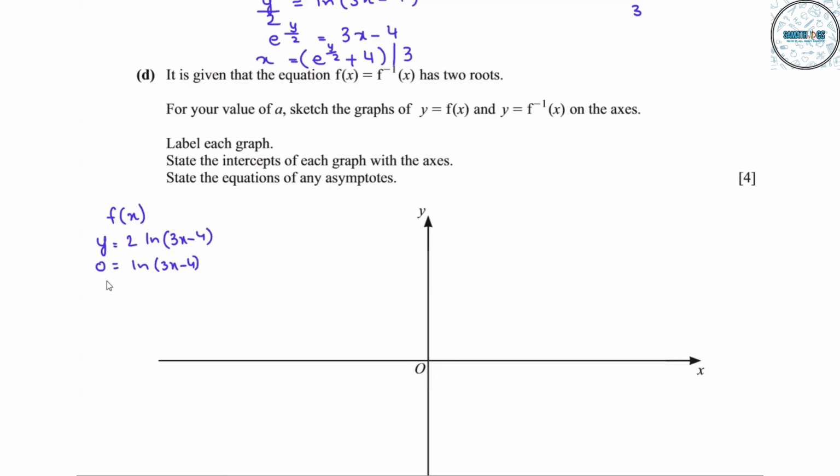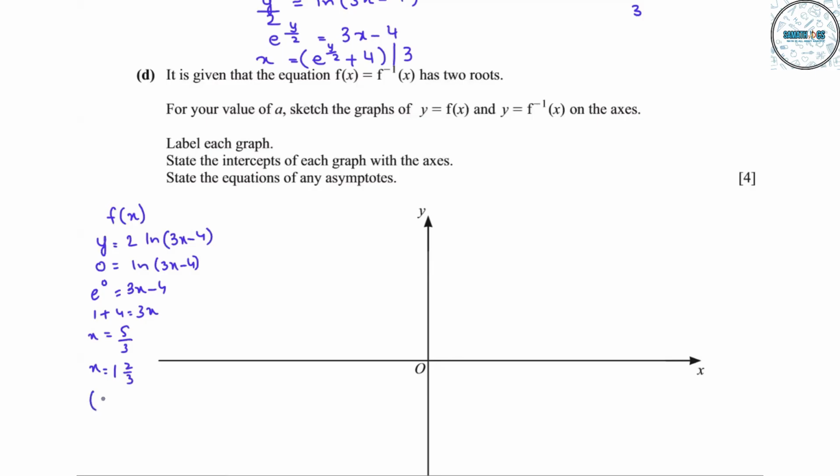0 divided by 2 will be 0. We can write it in index form: e power 0 is equal to 3x minus 4. So 1 plus 4 is equal to 3x, and x is equal to 5 upon 3, or we can say x is equal to 1 whole 2 upon 3.